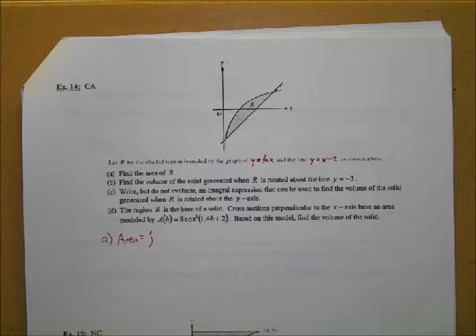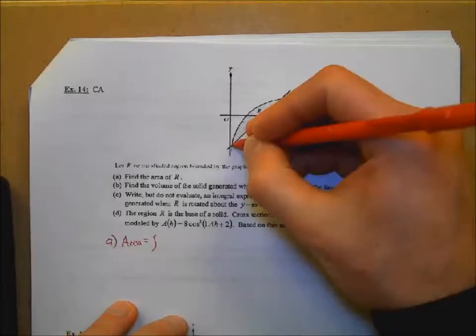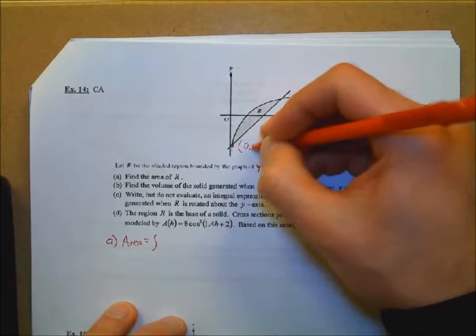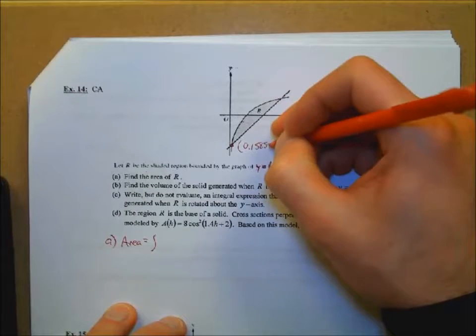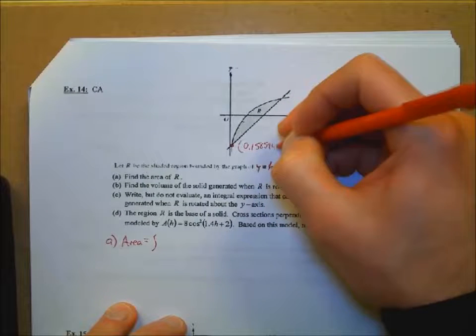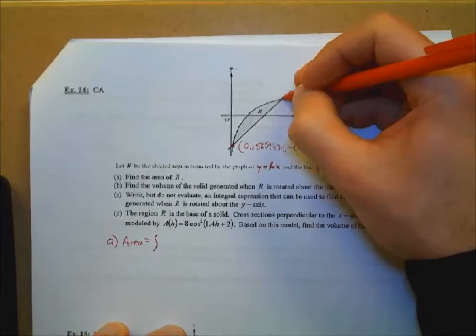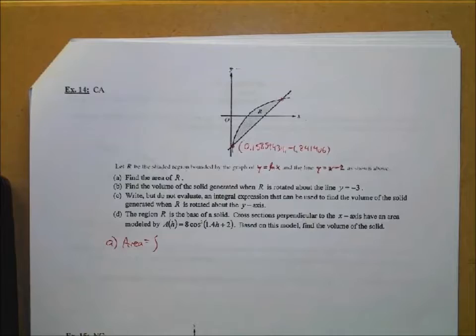Okay, let's see here. So for this point, I get 0.1585943, comma, negative 1.841406. And then for this point, okay.